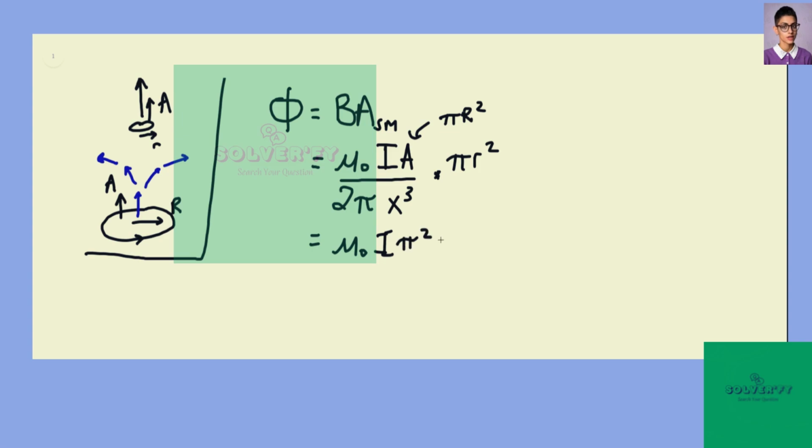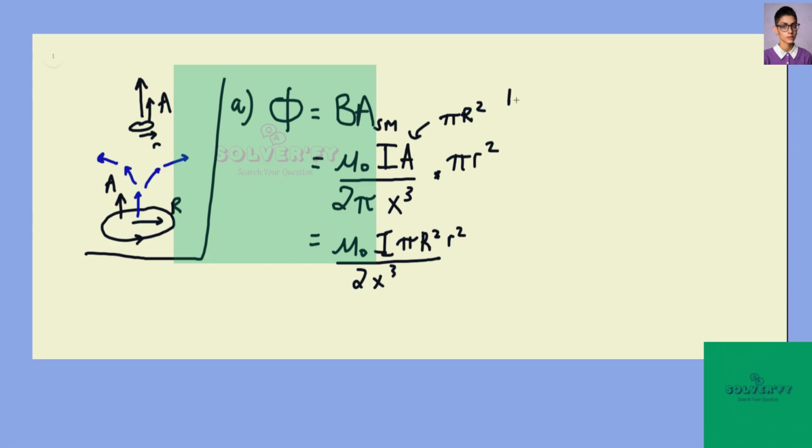Not pi squared, sorry. The pi's end up canceling, and it's pi big R squared times little r squared, divided by 2x cubed. So that's the answer for A.